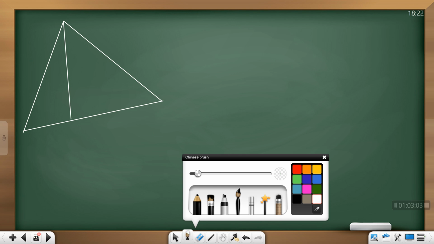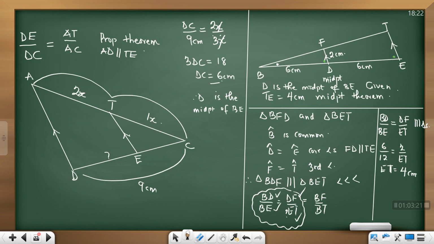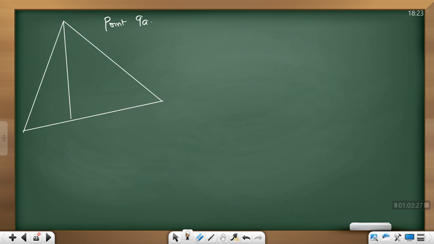Whenever I see this, I am going to use point 9. What was 9A? Use A is equal to half base times height. Use point 9A. My triangles are side by side, ADC and ABD. Do you know why? Please watch this.